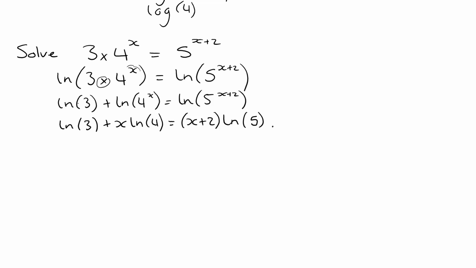Right, what do I need to do? I need to get my x terms together, so I need to expand this bracket. So I've got x ln 5 plus 2 ln 5.